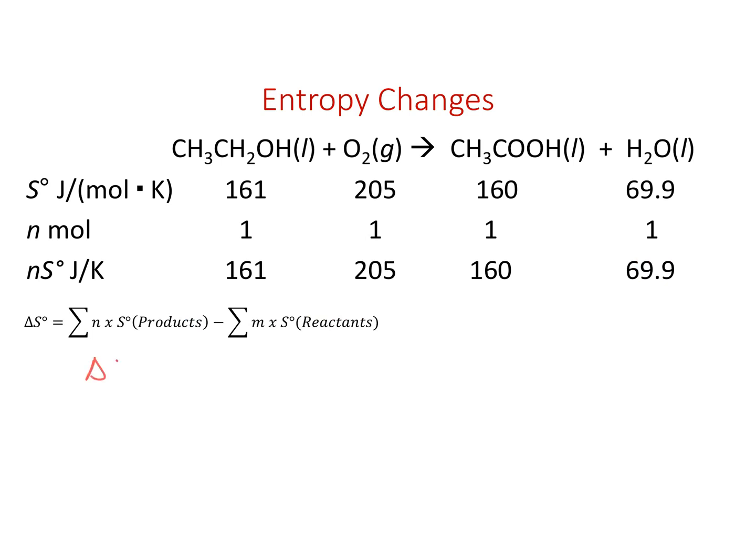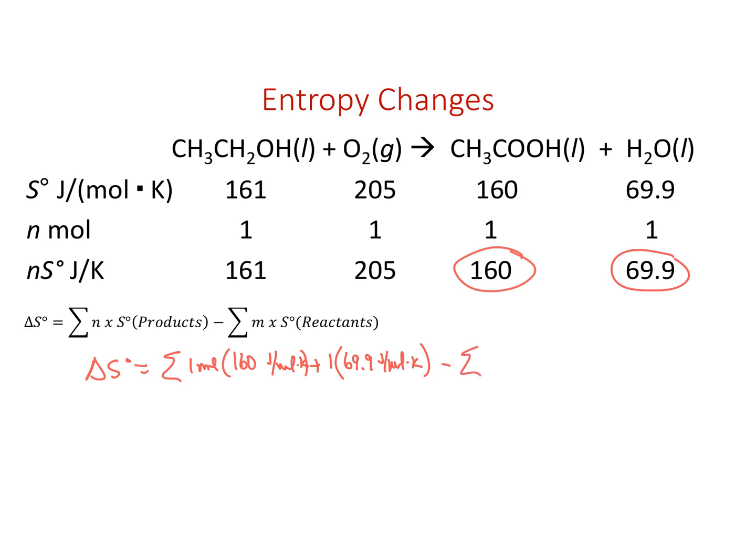For this calculation, my change in entropy would equal the summation of the entropy of my products. My products are acetic acid and water. So I have 1 mole of acetic acid at 160 joules per mole Kelvin, plus 1 mole of water at 69.9 joules per mole Kelvin, minus the summation of the entropy of my reactants.